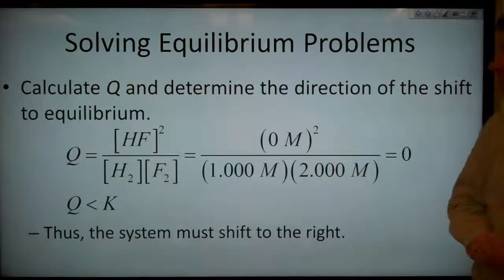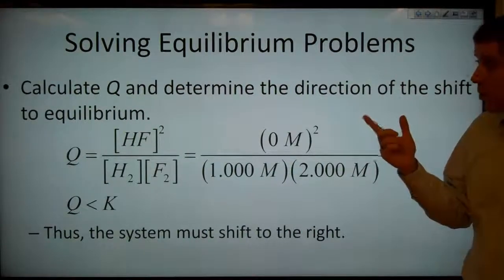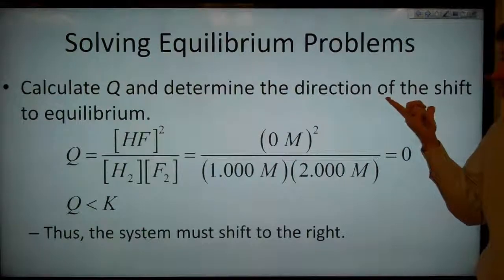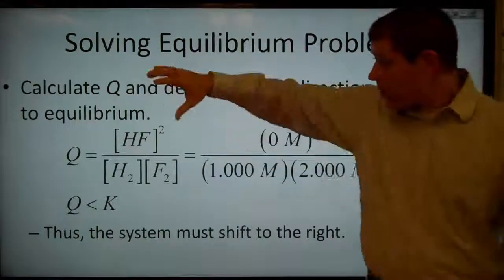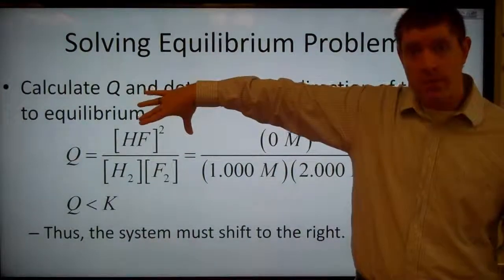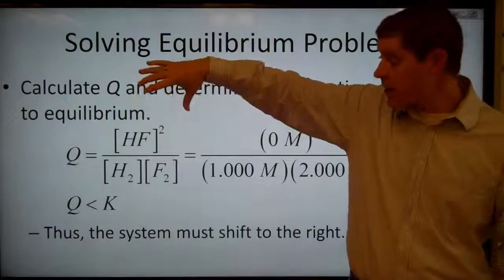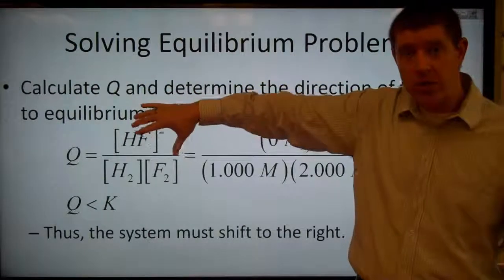So the next step was to calculate the Q, the reaction quotient, and determine the direction of the shift to equilibrium. So the expression for Q, again, is the same as the expression for K, except that for K, we have to plug in the equilibrium concentrations of our species.